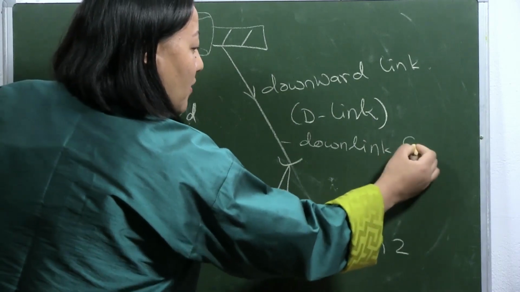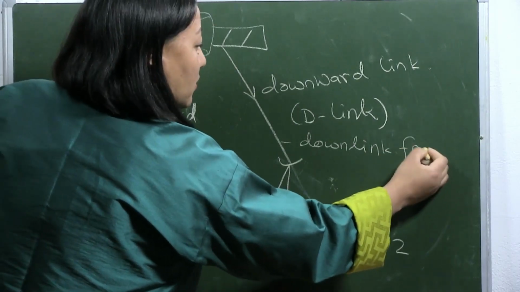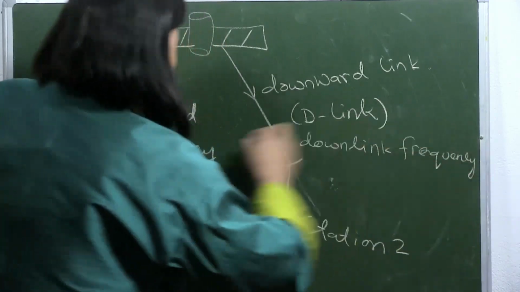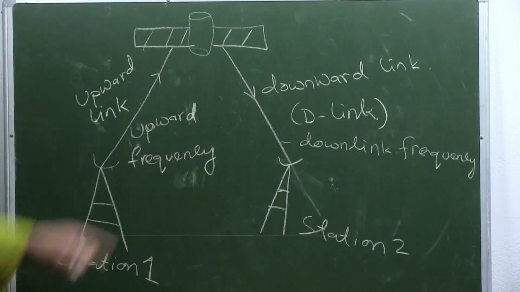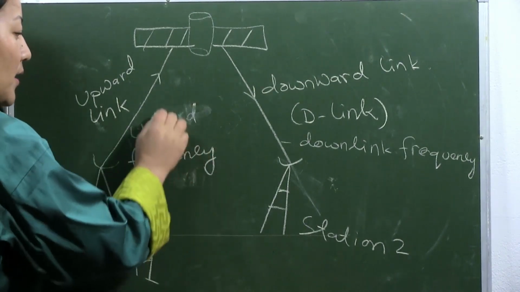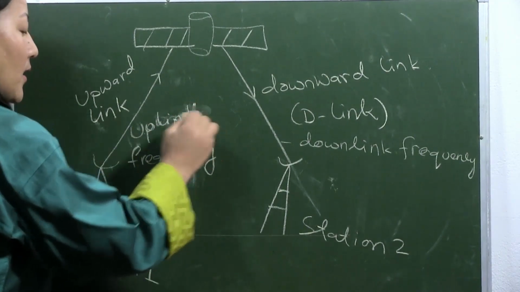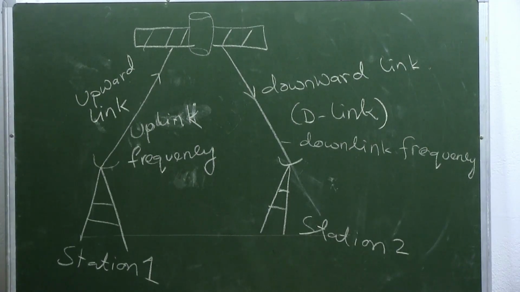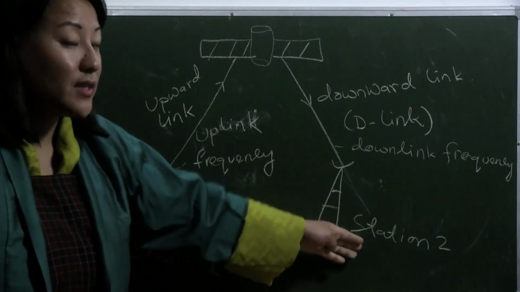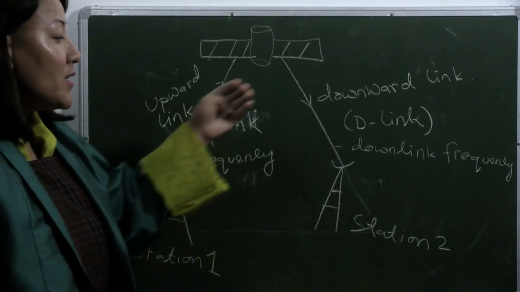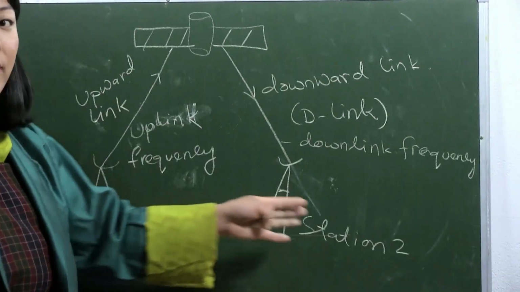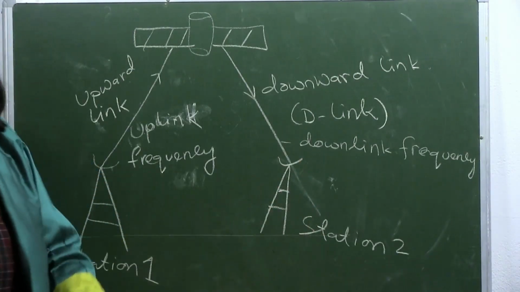The antenna of the tower in Station 2 will further convert the signal and transmit it to other devices in order to receive the information.